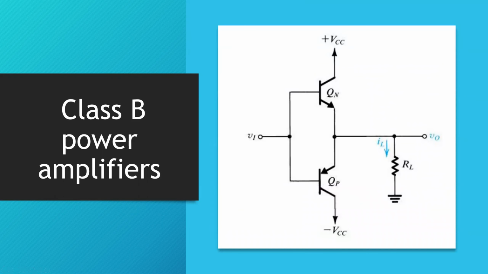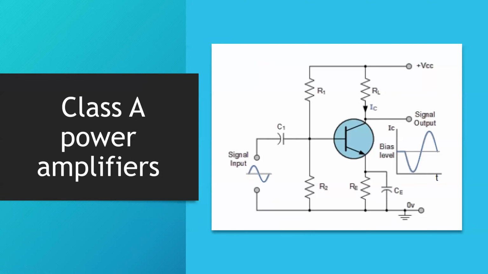But first, I want to go back to Class A. The maximum power efficiency for a Class A power amplifier with a resistive load is about 25%. Now, this is considered bad since we mentioned before that this transistor never shuts down, even when we don't have an input signal.